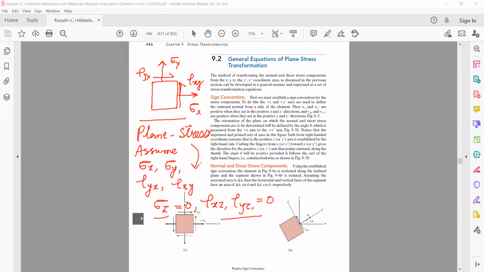This is something important that we often encounter while dealing with structural elements or machine components.